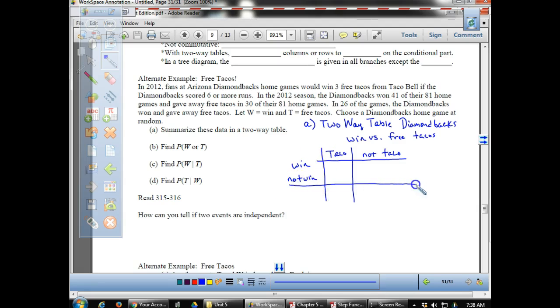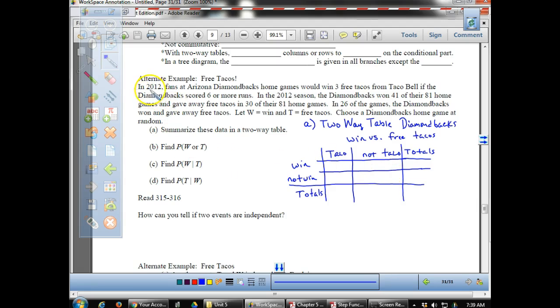And then we'll need some totals here and here. And just a reminder, anything in the column totals here and here, or the row totals here and here, are marginal cell counts or marginal frequencies.